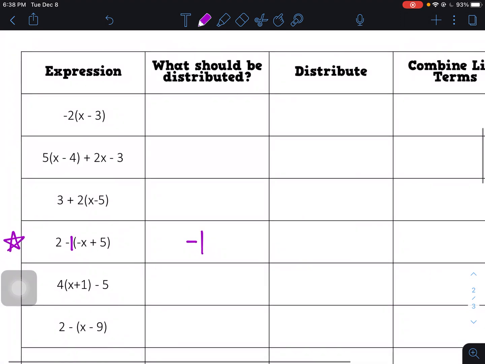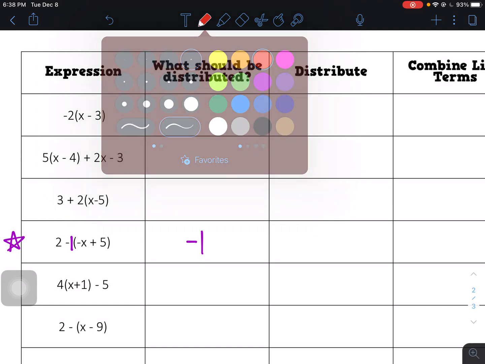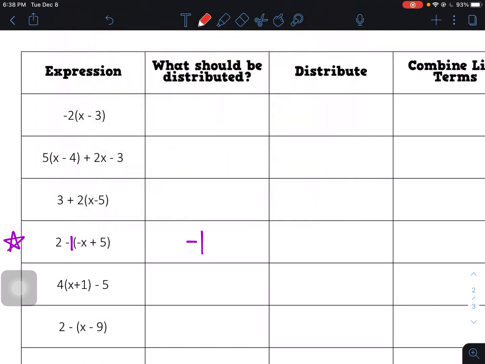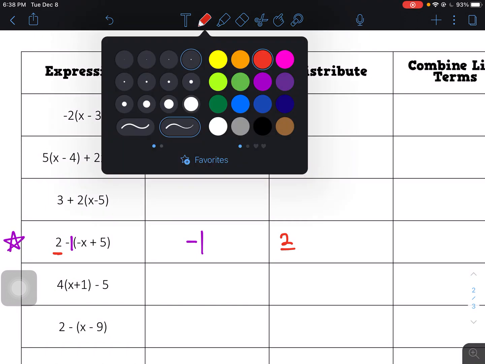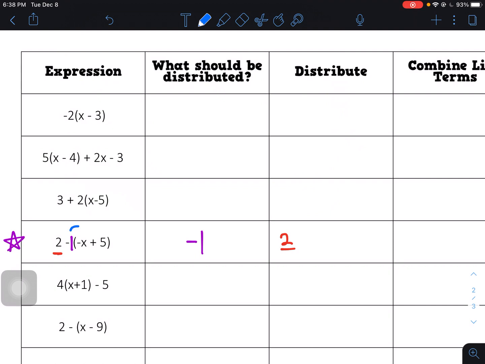So let's do that. First, this 2 I can just write in front, because it's not in the parentheses, it's not going to change at all. Next, we can distribute this -1.